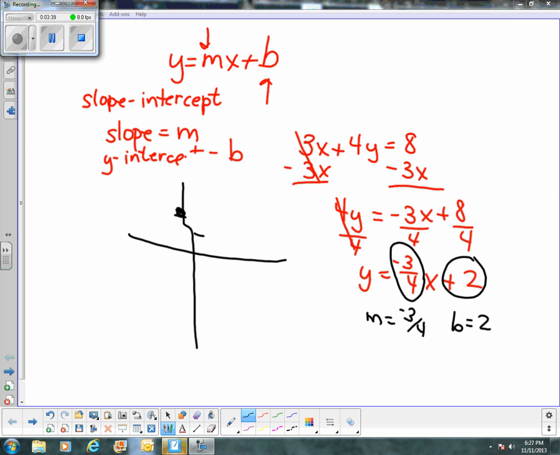So we can go up 3, 1, 2, 3, and over 4, 1, 2, 3, 4. We can go down 3, 1, 2, 3, and over 4. And our line of that equation will look like that, only of course it would be a straight line. Notice that it is a negative line, and our slope is a negative slope.